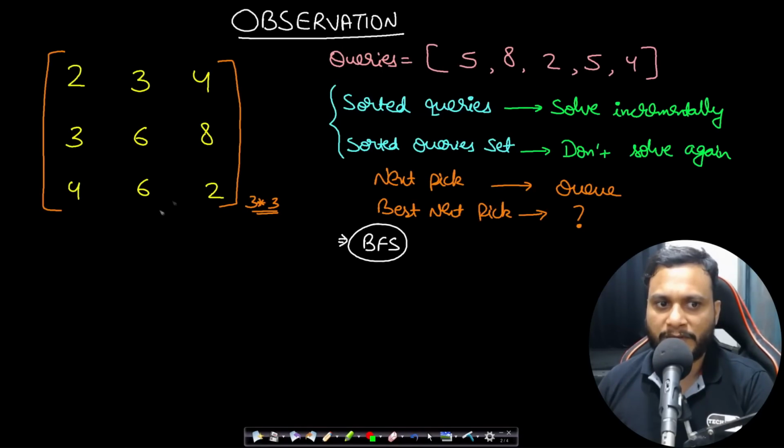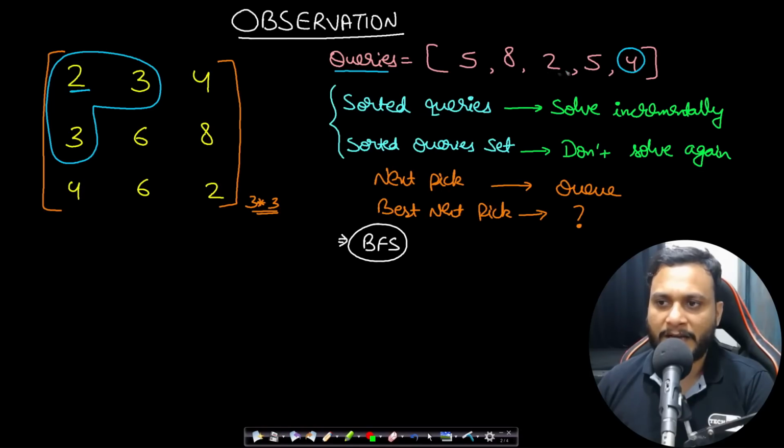Now if you take an example here, which is a 3 by 3 matrix, and let's say that we have certain queries 5, 8, 2, 5, 4. Now I already told you that if you are solving the query for 4, what all nodes can you cover? Because you are starting at the top left corner, you can cover these 3 nodes.